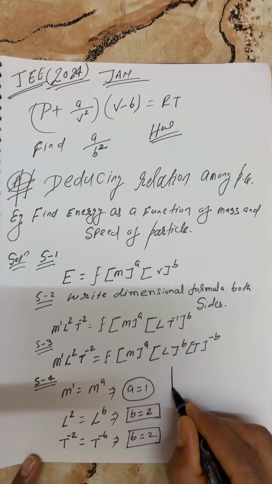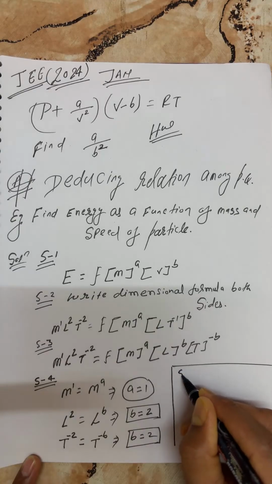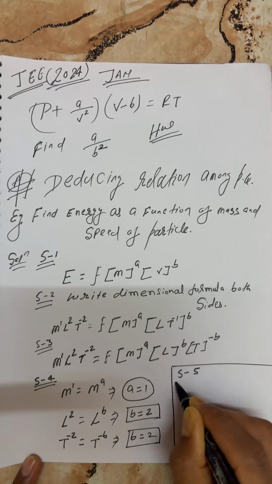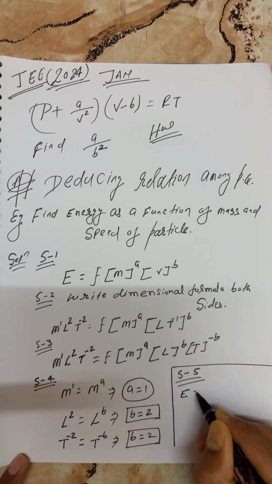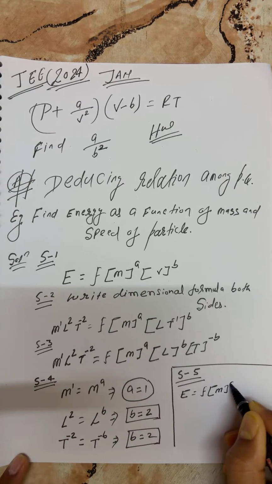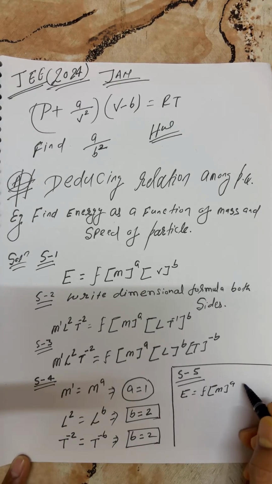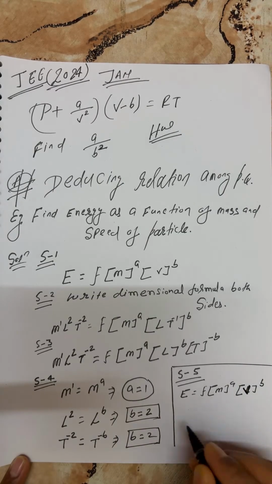So what is your initial format here? In step 5, students, you can write your answer. Energy is equal to a function, M to the power a and L to the power, sorry, my bad, it's V to the power b. A and b we found.